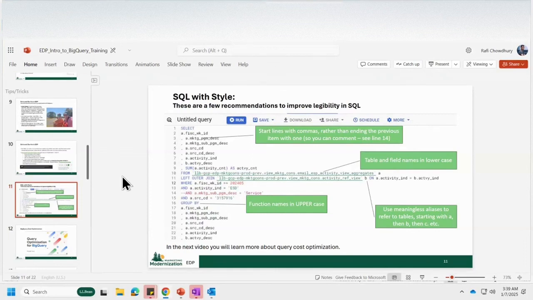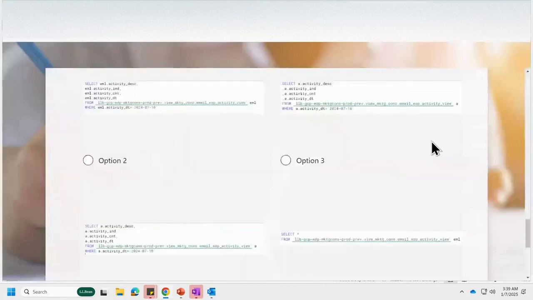What is the difference between options 1, 2, and 3? So it is just the difference of table and field. I mean, how you write those things?